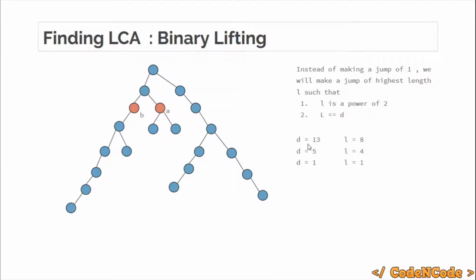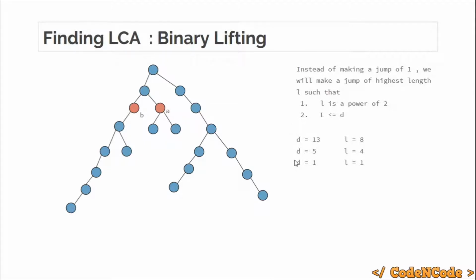D is being decreased by half each time. So in the next step D would be at least D by 2. In the next step it would become D by 4, and in the third step it would be D by 8, and so on.